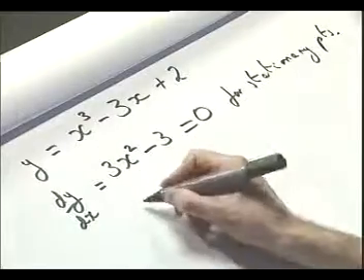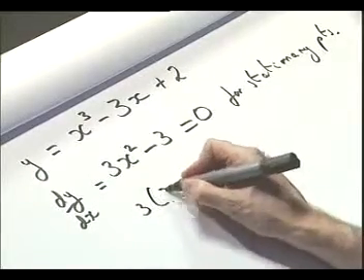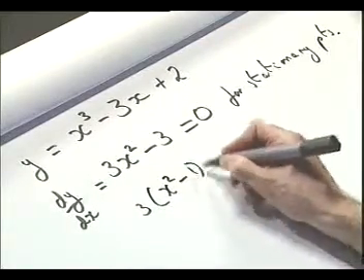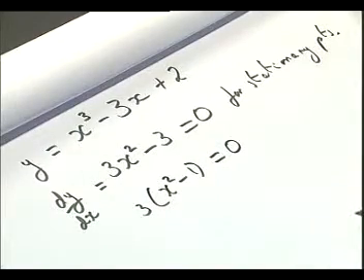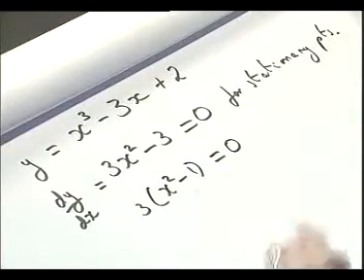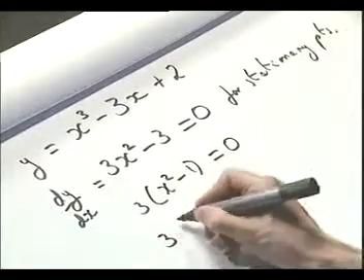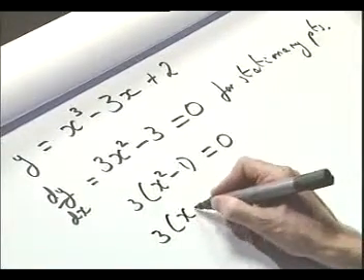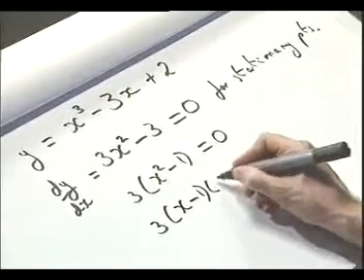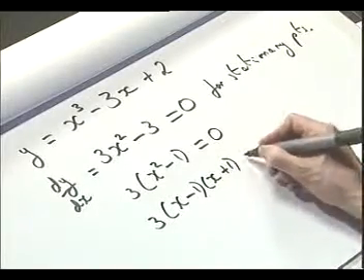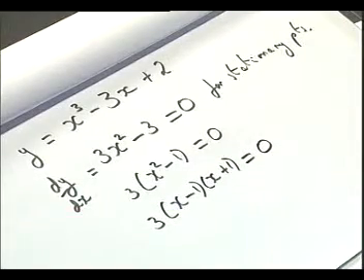We can factorise this. There's a common factor of 3, leaves us with x squared minus 1, and this is now recognisable as the difference of two squares. So it factorises as 3 times x minus 1, x plus 1. And that's equal to 0.